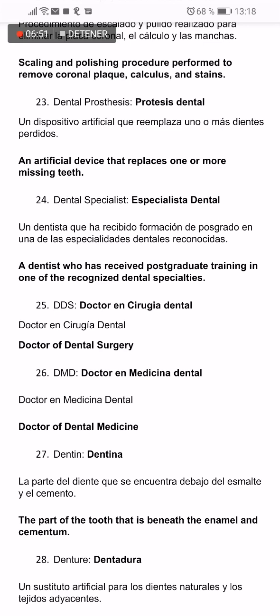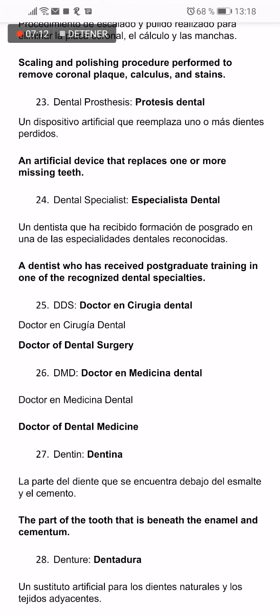Dental specialist: a dentist who has received postgraduate training in one of the recognized dental specialties. DDS: Doctor of Dental Surgery.